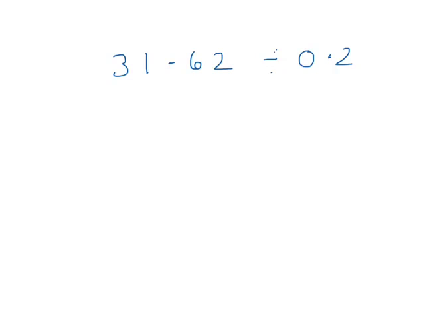Let me use other digits to prove something to you. Let's say I said 6 divided by 2. And remember, that can also be written like this. Now, I'm going to multiply both these numbers by the same number. And you can choose whatever you want. Let's multiply them by 2 first.